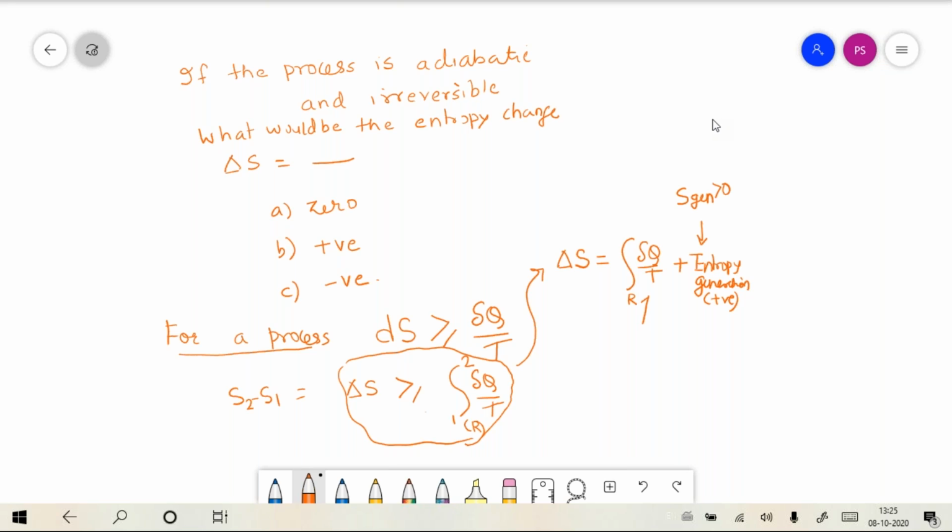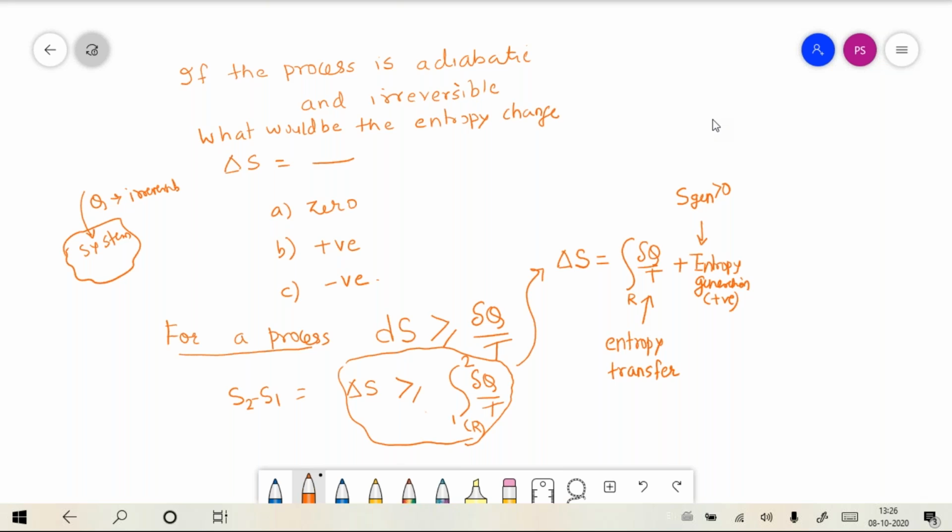Now look at it this way. Suppose there is a system, and you are transferring certain heat to the system, and this heat transfer is irreversible. So what would happen to the entropy of the system? The entropy of the system would increase.